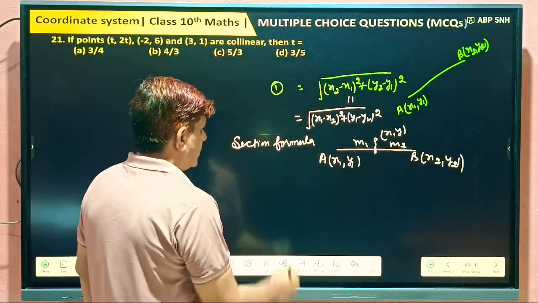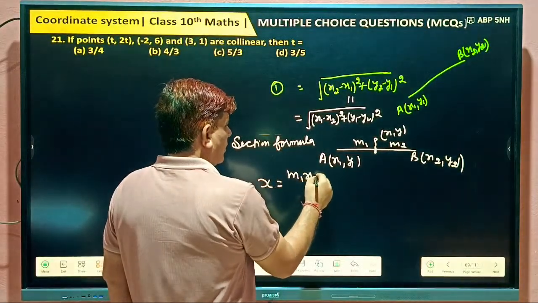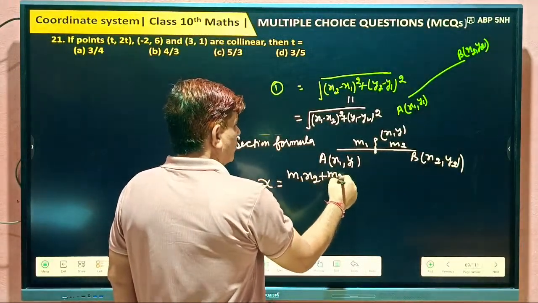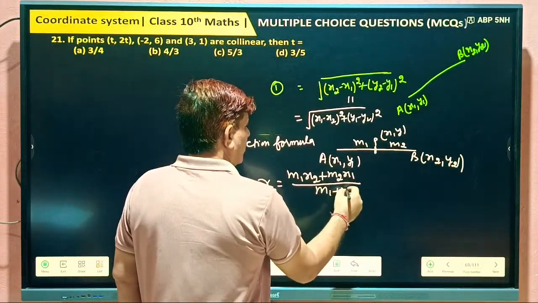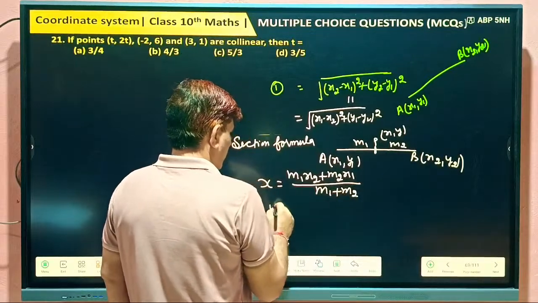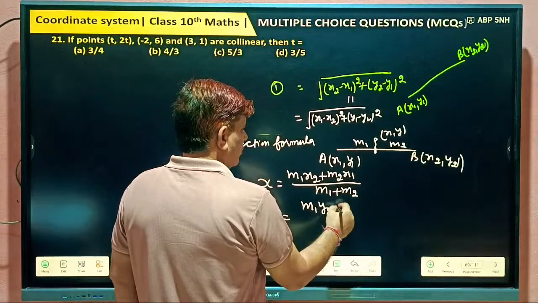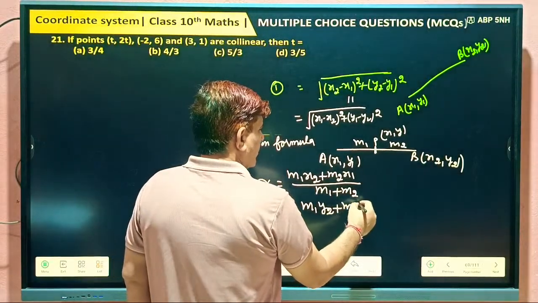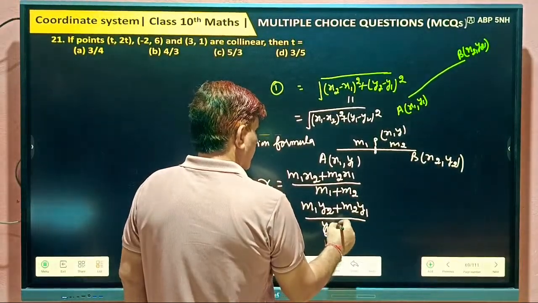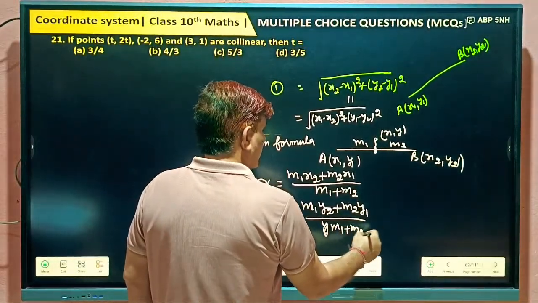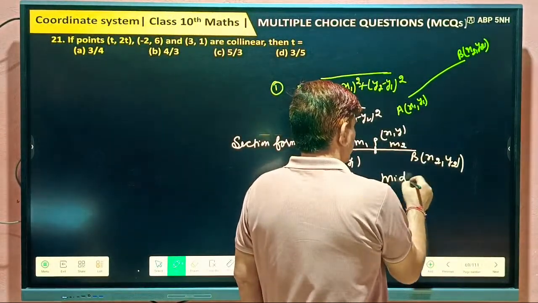Then the value of x is equal to (m1 x2 plus m2 x1) divided by (m1 plus m2), and y is equal to (m1 y2 plus m2 y1) divided by (m1 plus m2).